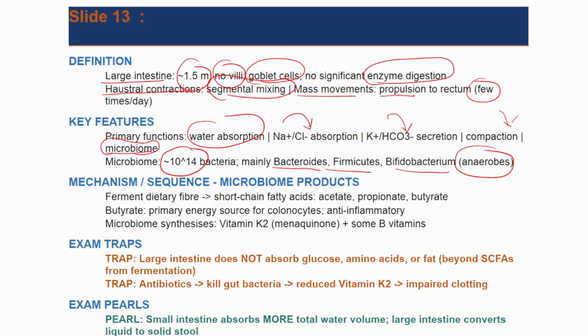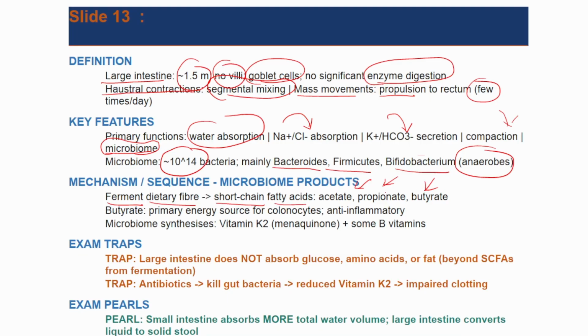This dense bacterial population actively breaks down dietary fiber through metabolic pathways, and the pathway follows a strict sequence where bacteria ferment dietary fiber to yield short-chain fatty acids, specifically producing acetate, propionate, and butyrate.